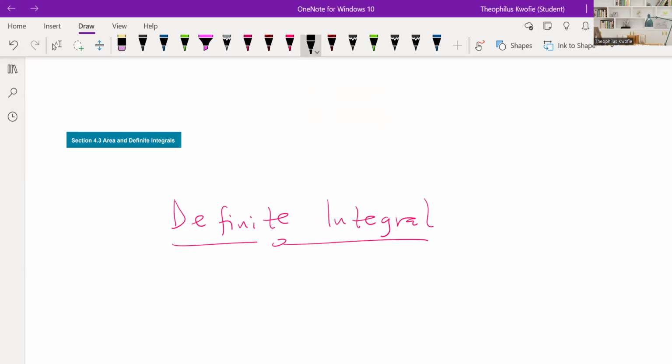We claim that the definite integral refers to, so let me write it, let me use the right way to describe it so that it's easy to understand.